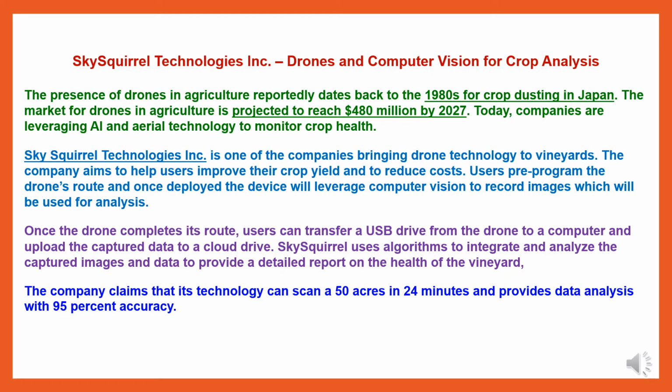The company claims that its technology can scan 50 acres in 24 minutes and provides data analysis with 95% accuracy. So, as used in vineyards, if other technologies are available, drones can be used in other agricultural crops to improve efficiency and reduce costs.